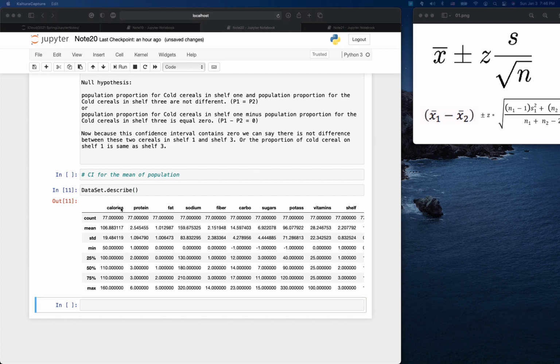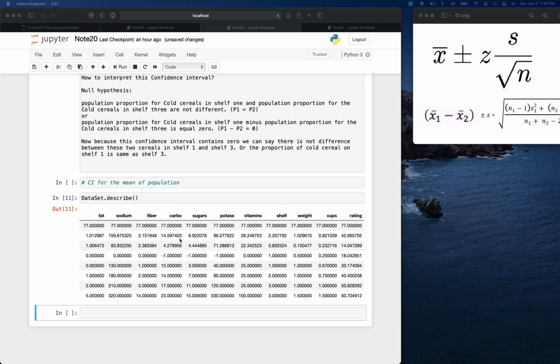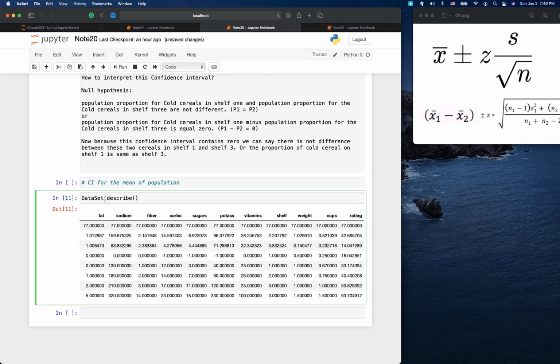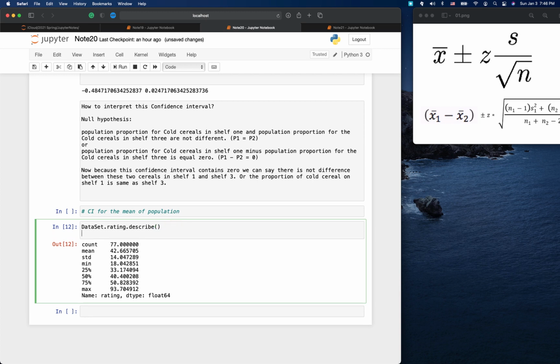See what we have. We have calorie, protein, fat, and rating. So let's be more specific. Let's see what we have in rating. So it says we have statistics for rating.